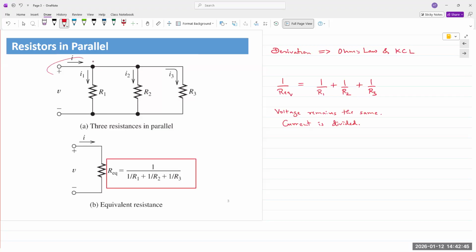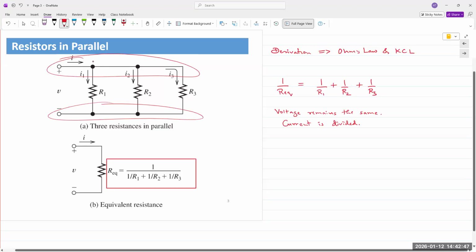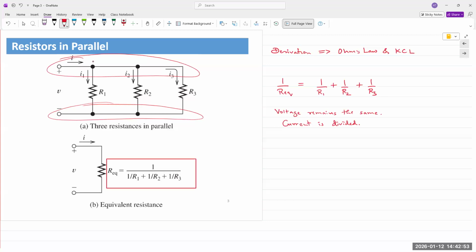There's 1 node at the top, there's 1 node at the bottom. If you measure the voltage between those 2 nodes, whether it's at resistor number 1, resistor number 10,000, or resistor number 1 million, it's still the exact same two nodes. Voltage will be the same. If any one of those values changes, then the voltage would change, but it will still be the same for all.